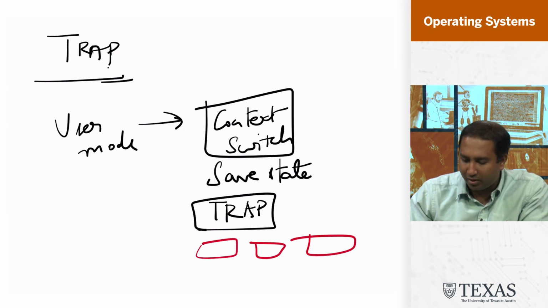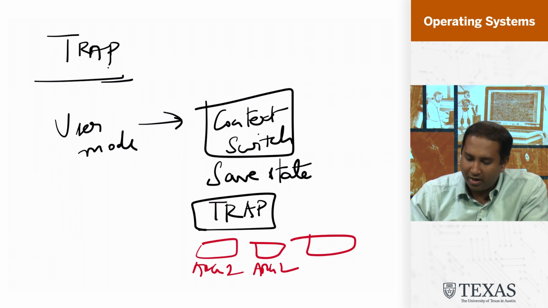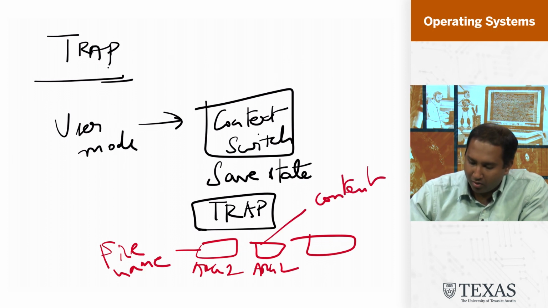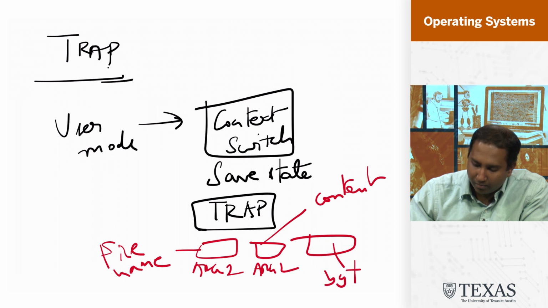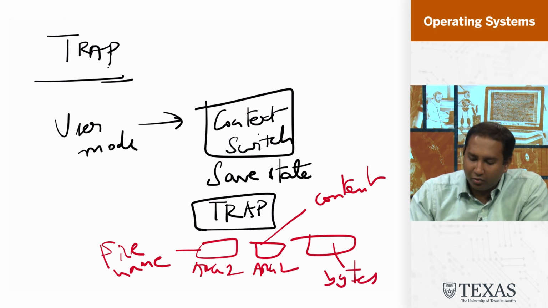So for example, arg1, arg2, and so on. Let's say you're writing something to a file. This could be file name or file descriptor. This could be the content, how many bytes there are, and so on. So you put all these arguments in predefined locations, and then you invoke a trap.